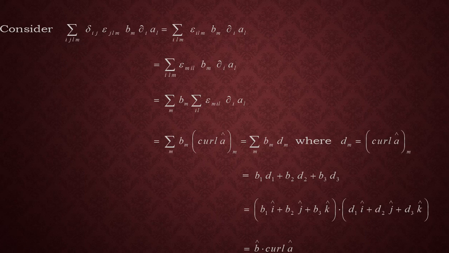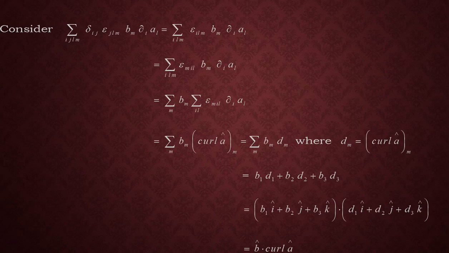Actually, this sigma over ilm represents three summations: summation over i, summation over l, and summation over m. Let us separate the summation over m and the summation over il. Then we obtain summation over m, summation over il, epsilon suffix mil, Bm, dou i Al.